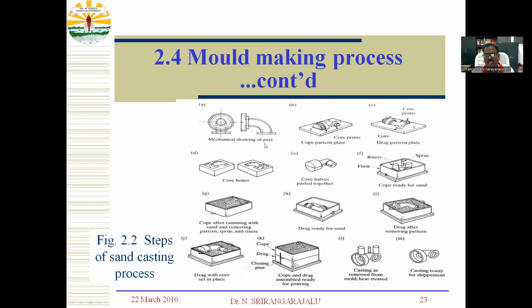This is the mechanical drawing of the component, cope of the pattern plate, drag of the pattern plate, and core boxes, core halves pasted together, cope ready for sand, and cope after ramming with sand and removing the pattern, sprue and riser, drag ready for sand, drag after removing the pattern, drag with the core set up in place, cope and drag assembled ready for pouring, casting as removed from the mold, then heat treated, casting ready for shipment.